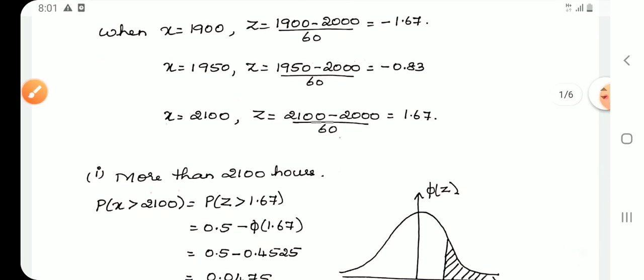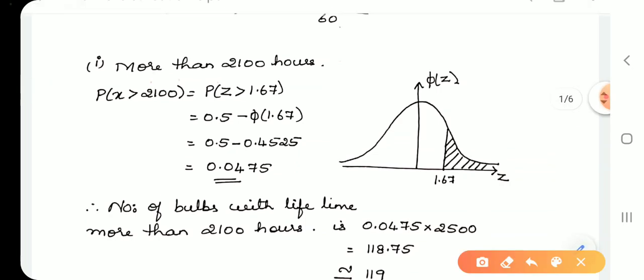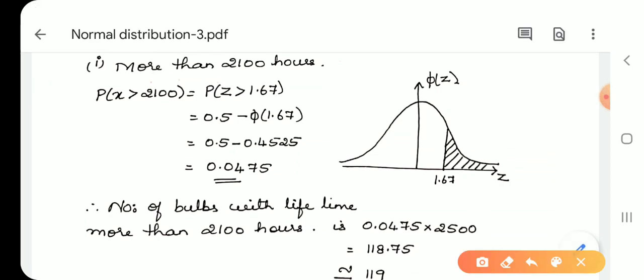Now let us take the problems one by one. First question is, we have to find the number of bulbs whose lifetime is more than 2100 hours. In terms of probability, it can be written as P of x greater than 2100. When I write this x in terms of z, it can be written as P of z greater than 1.67.